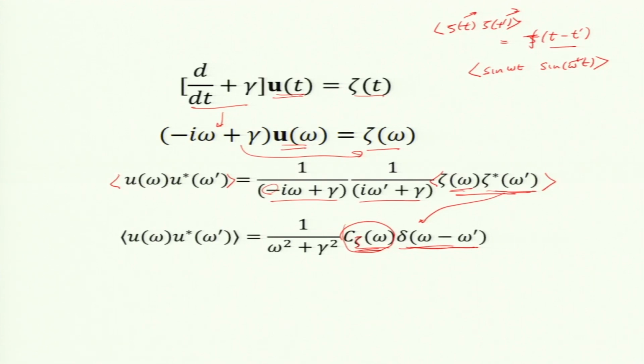So the frequency must be the same for it to be non-zero, and if it is the same, then it becomes mod zeta squared. This is mod zeta squared and this is the delta function.